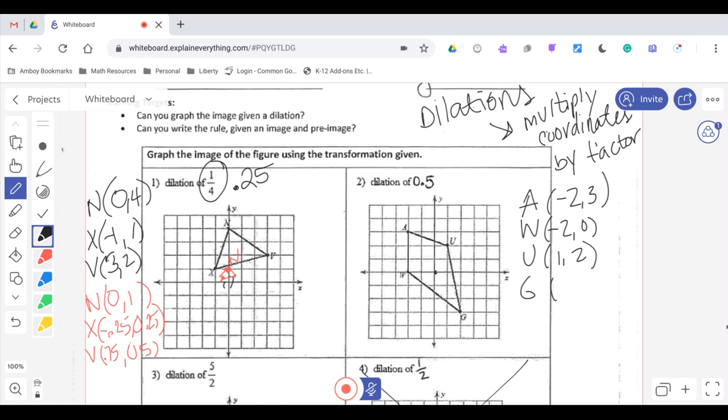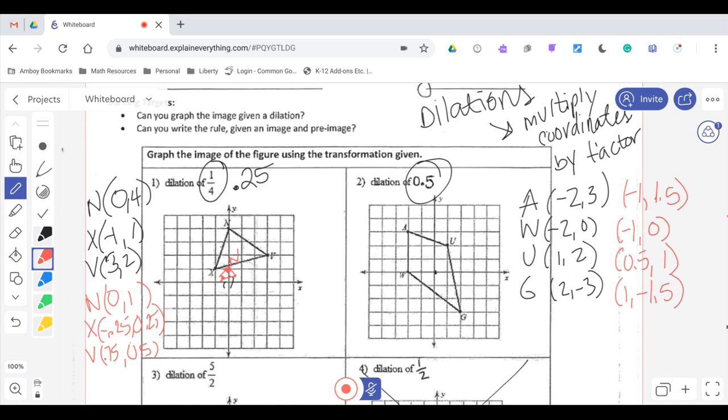And G is at 2, -3. Okay, I'm going to multiply all of them by 0.5 or a half. I'll get -1, 1.5, -1, 0, 0.5, 1, and 1, -1.5.